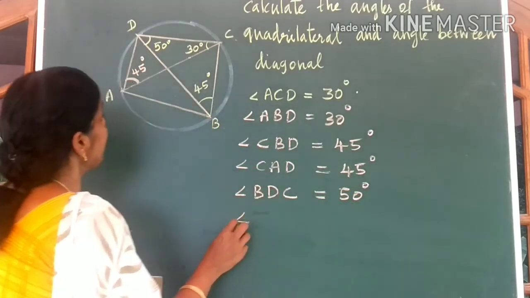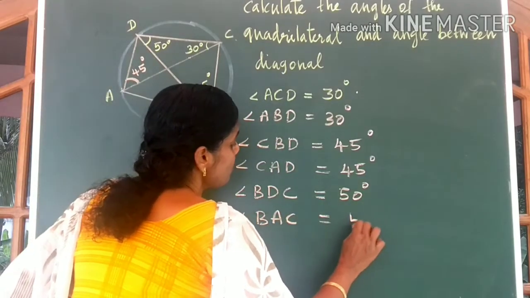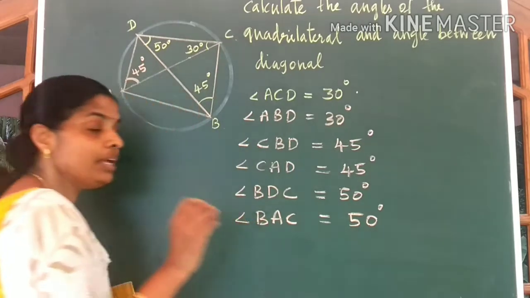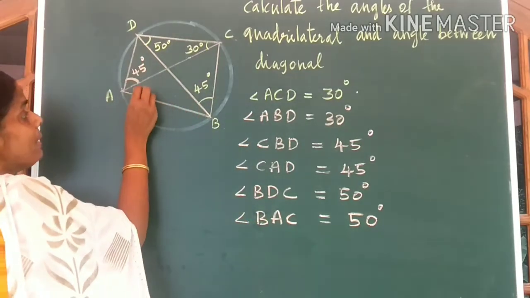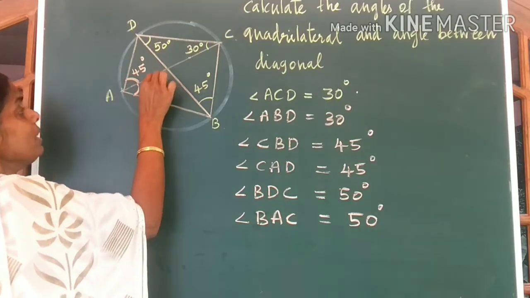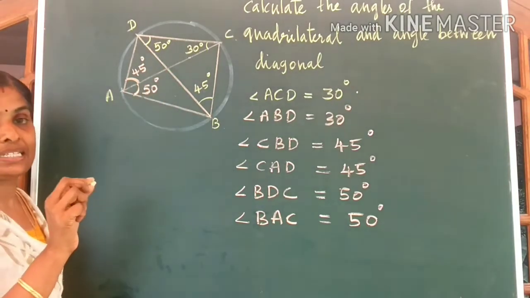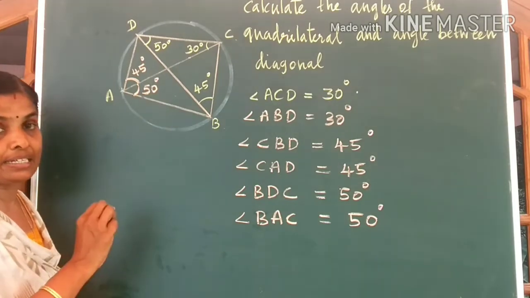So we can say angle BAC is also equal to 50 degrees. Let me mark the angle. So I got this angle to be equal to 50 degrees. Is it clear?